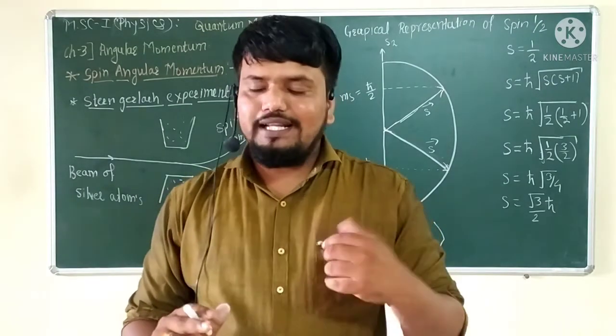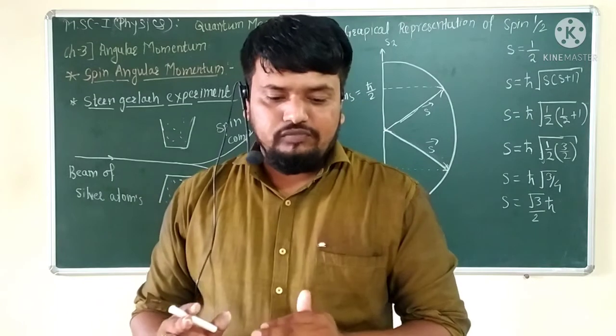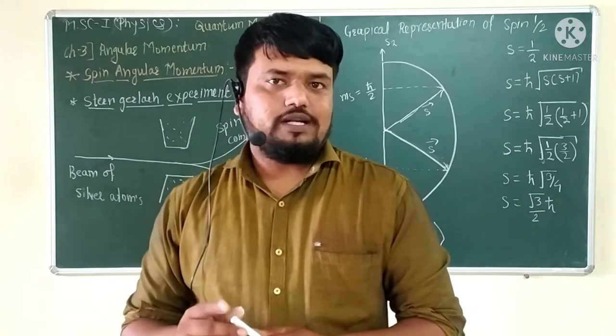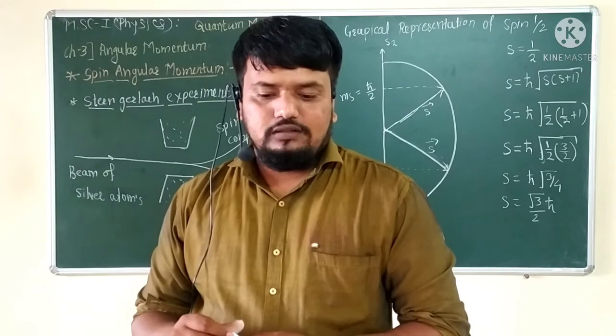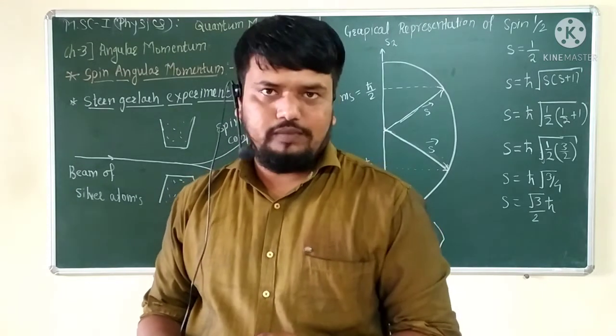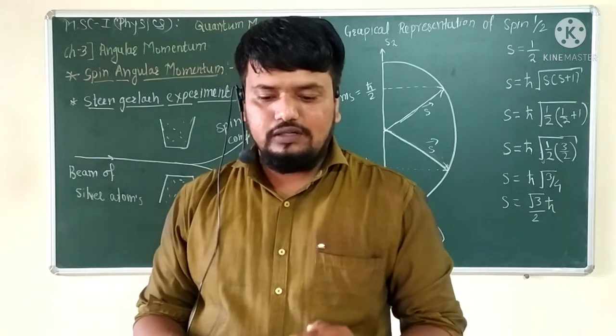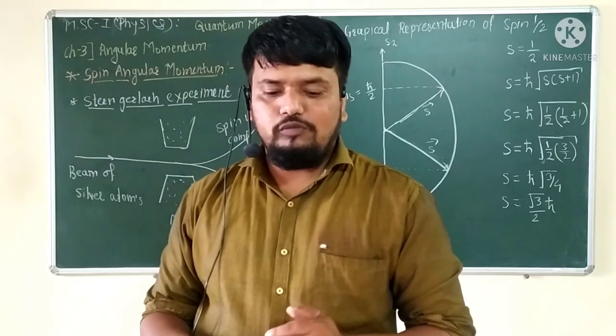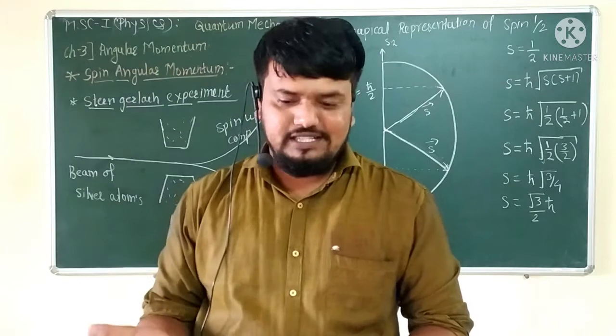Actually, what is meant by that? According to the Schrödinger wave theory, however, if the atoms had an orbital angular momentum l, we would expect the beam to split into an odd discrete number.